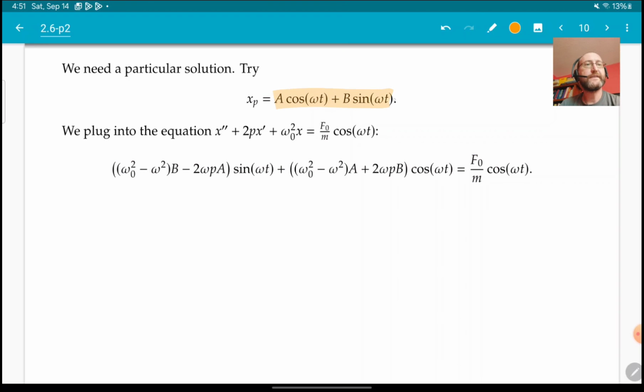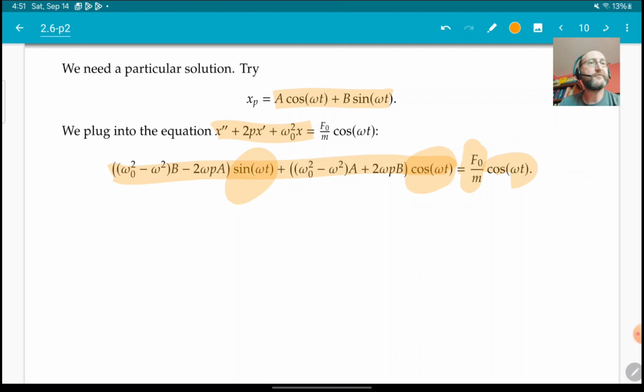So this thing was plugged in here, and I've done a little bit of algebra to separate out the signs, and I have something times sine, something times cosine, right? And over here I have something times cosine.